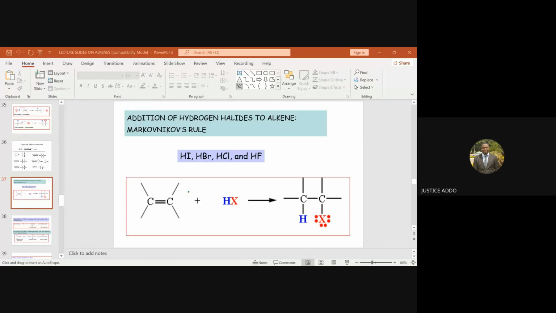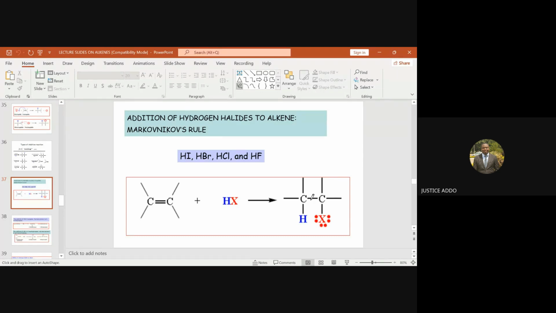So you can see on your screen that initially the alkene had a double bond, and then you added a halogen acid, and so the hydrogen from the acid has been added. That's the one in blue. Then the halogen is also added, the one in red. But this addition had taken place, and of course, the double bond is then gone.